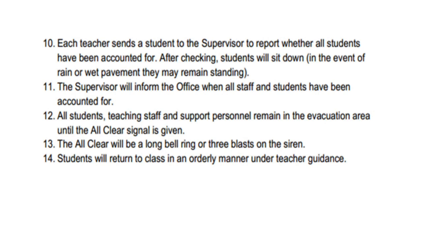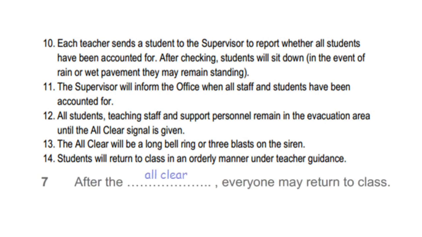All students, teaching staff and support personnel remain in the evacuation area until the all clear signal is given. The all clear will be a long bell ring or 3 blasts on the siren. Students will return to class in an orderly manner under teacher guidance. So we can see that the missing words are the all clear.